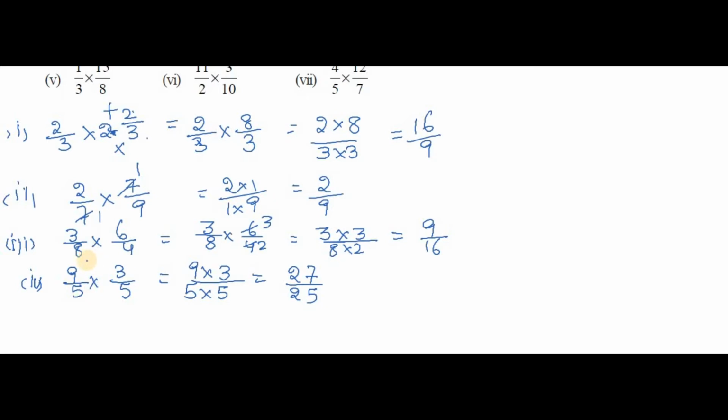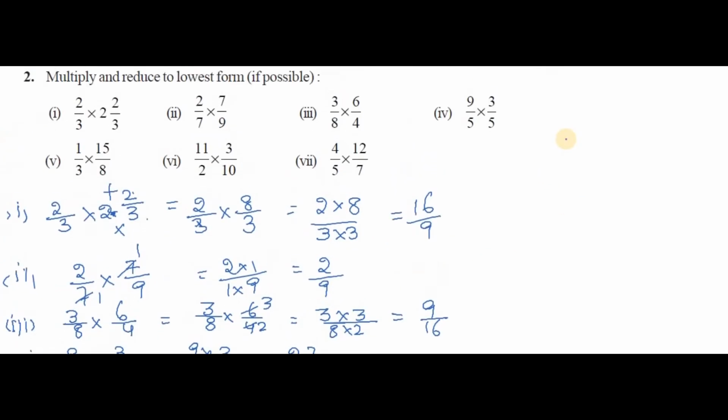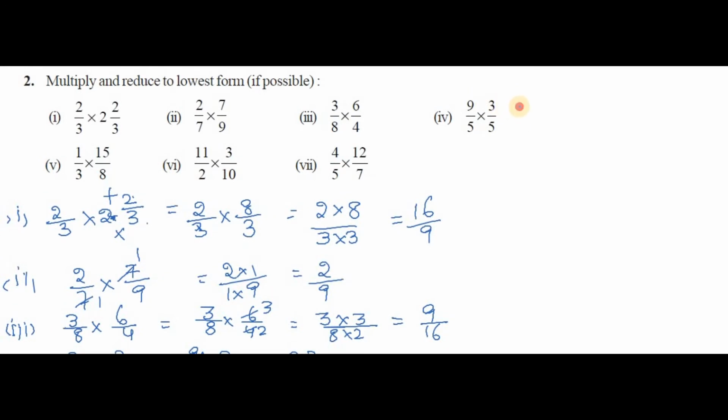The next question is 1 by 3 into 15 by 8. Here also no table will come. 1 into 15 by 3 into 8 is equal to 15 1s are 15, 3 8s are 24. Because we can't see the questions, I'll write the other answers on the side here.